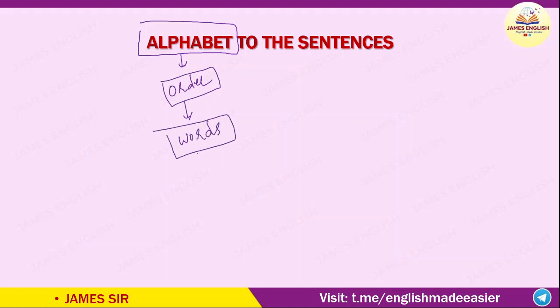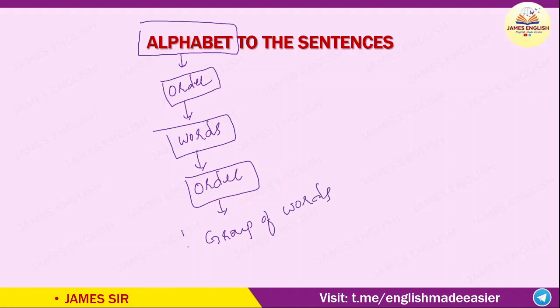And when you keep these words in a particular order or pattern, what do we get? We get a group of words. So try to observe. When you keep alphabet in a particular order, we get words. And when you arrange those words in a particular order, we get a group of words.